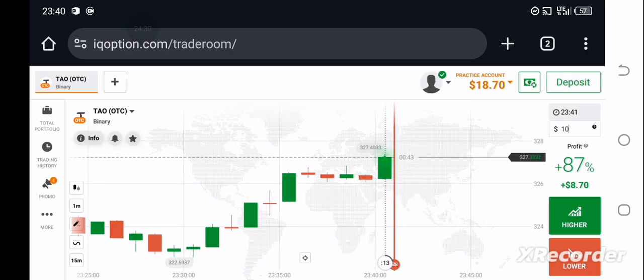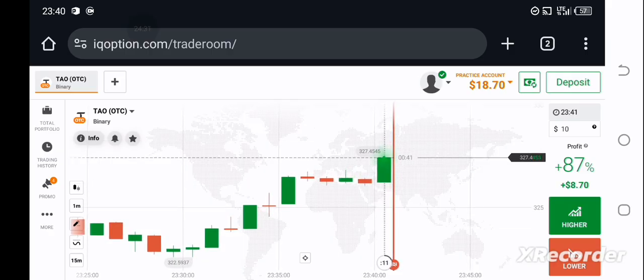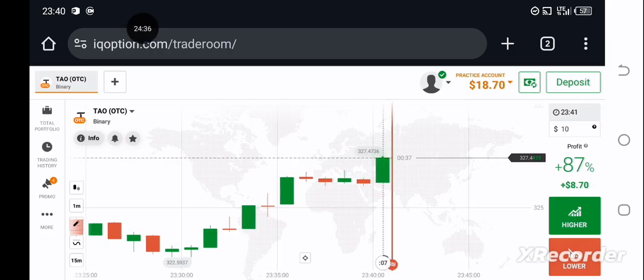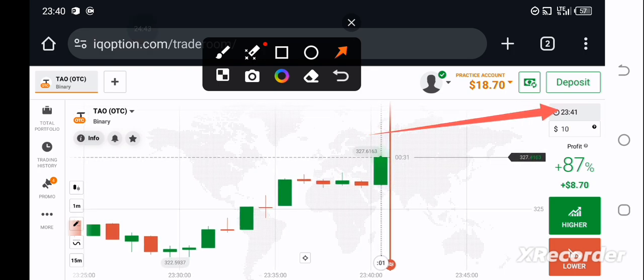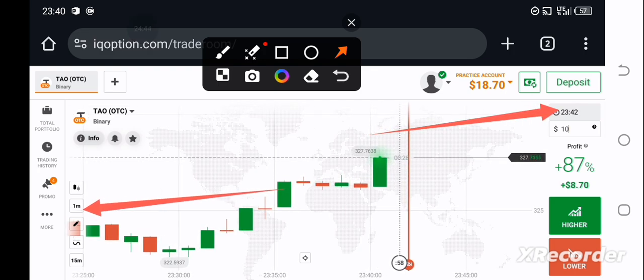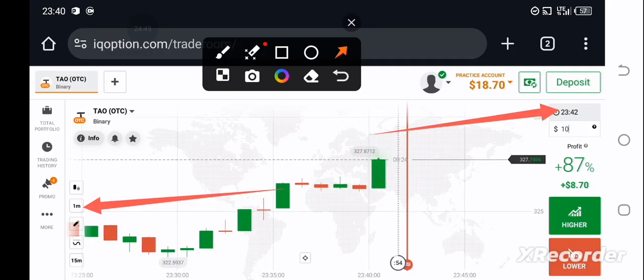So now let's open a 5 minutes time frame trade. If you click this particular area here, you can change it to 5 minutes here. I'll leave it on 1 minute, but you can decide to open a trade for 5 minutes directly.